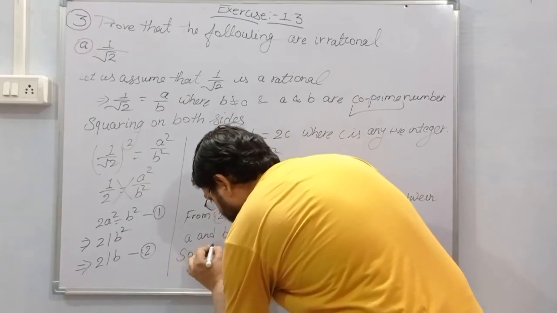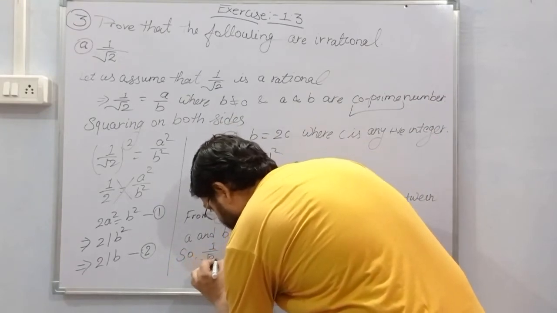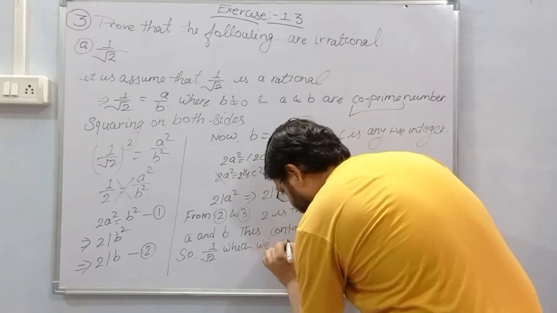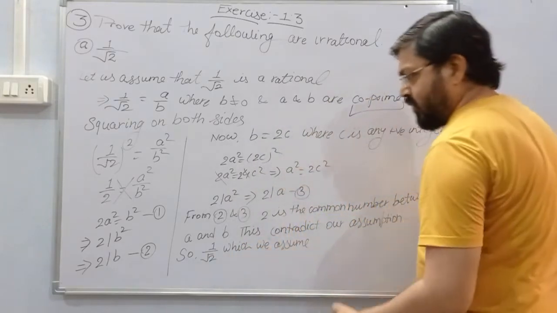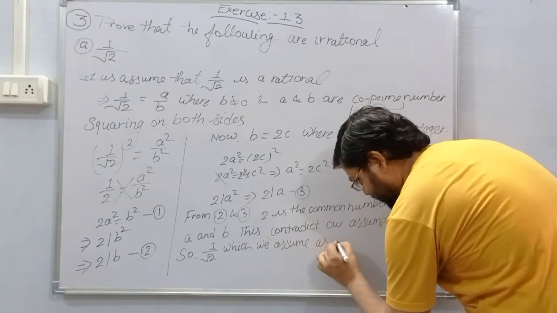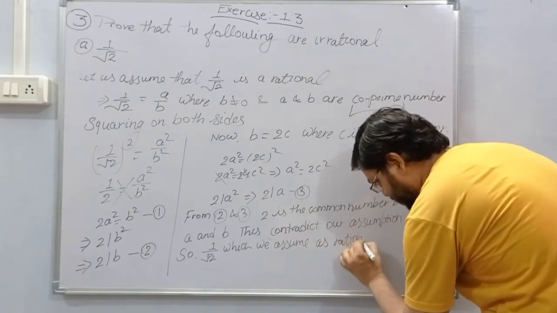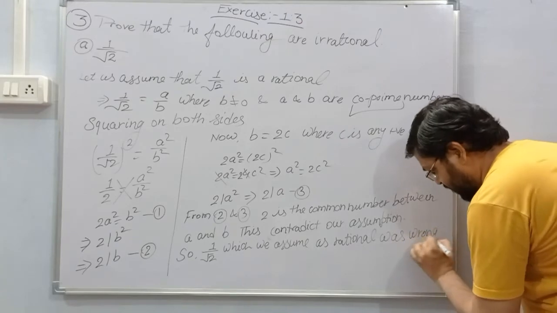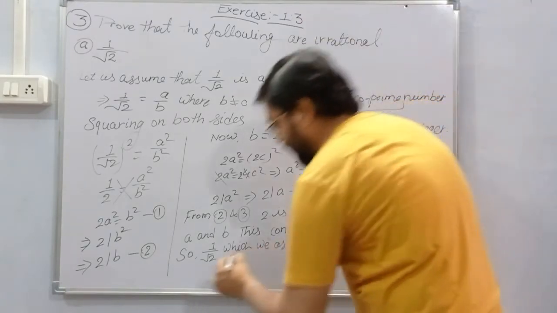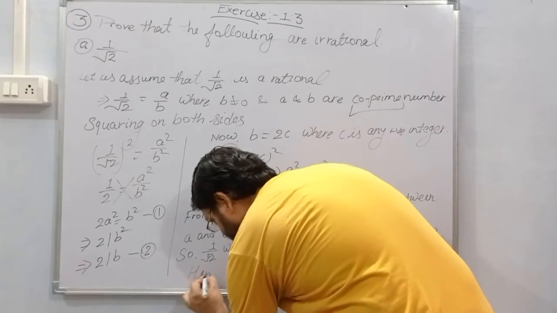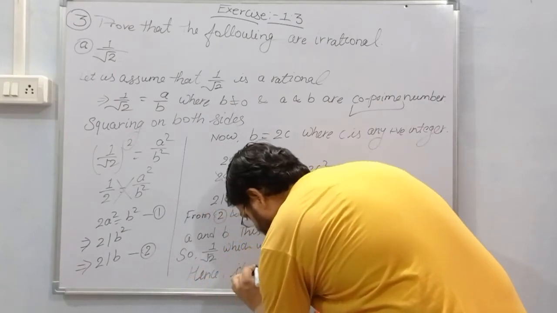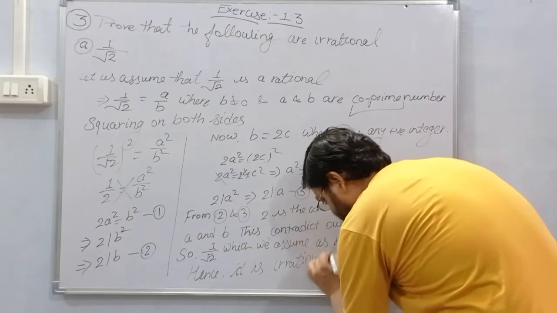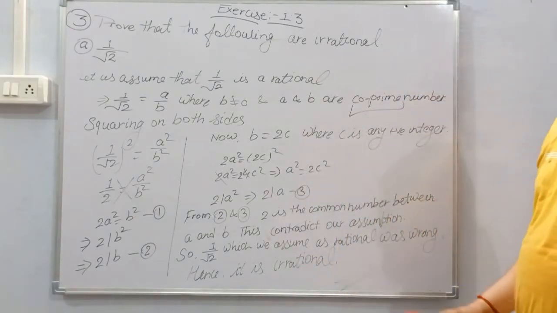So root 2, which we assumed as rational, was wrong, hence it is irrational. Okay, I hope you understand.